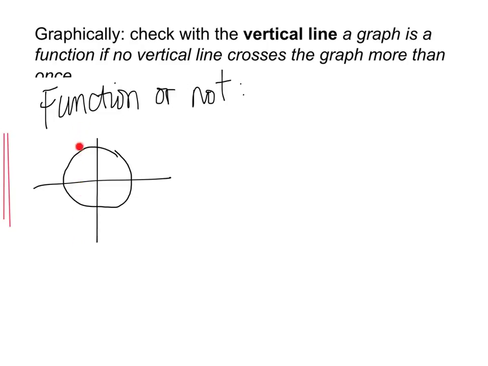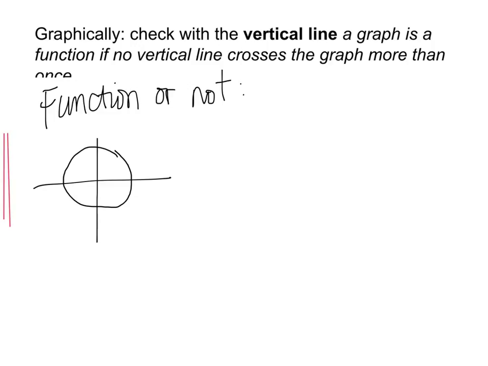Notice if we were to draw a vertical line, we could draw vertical lines over to the left of the graph. That's fine. Then it might touch one place. And then as we move closer, we can see that these vertical lines are passing through more than one point.